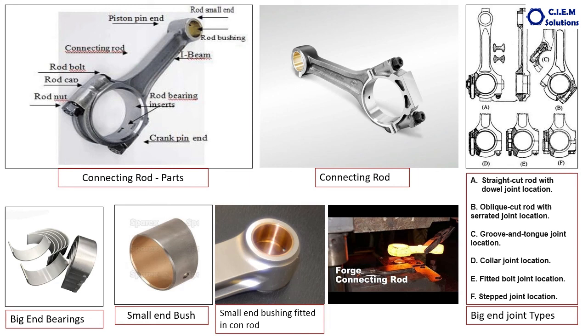The job of the piston cooling nozzle is to always splash engine oil towards the piston skirt, towards the piston, and also to the cylinder liner. Because the splashing of the oil helps to carry the heat away from the piston, the heat transfer, as well as to lubricate the piston rings and liners. That is the job of the piston cooling nozzle.